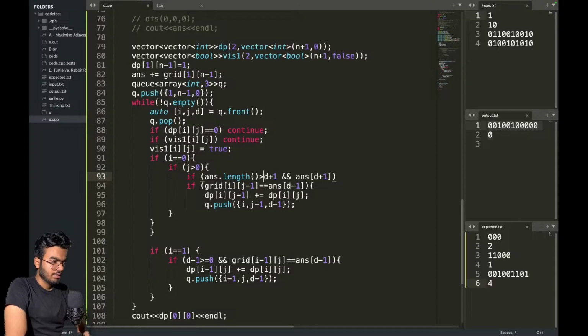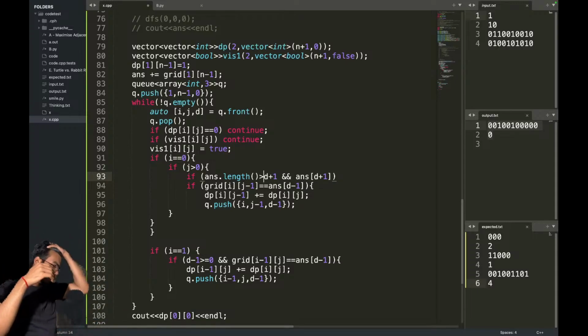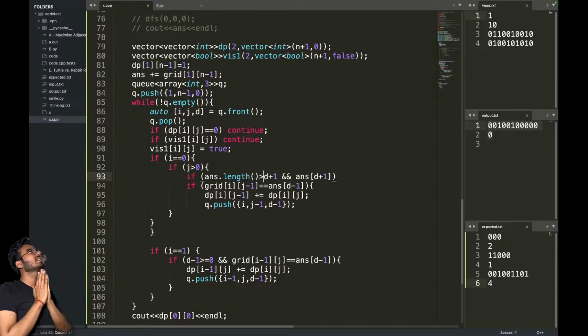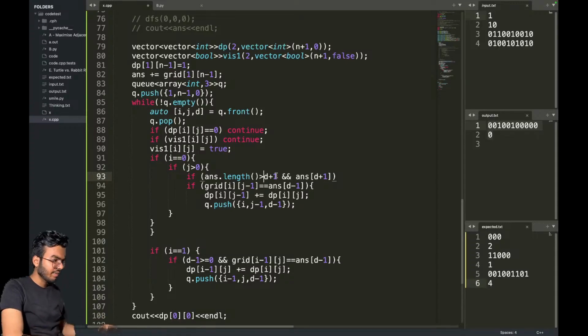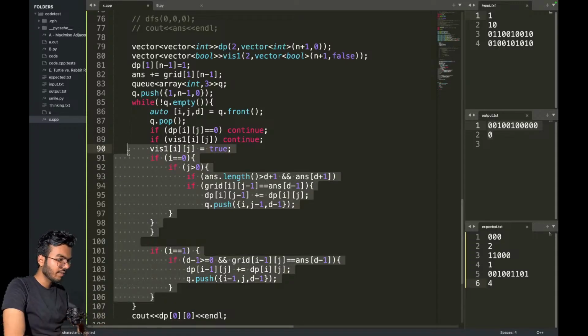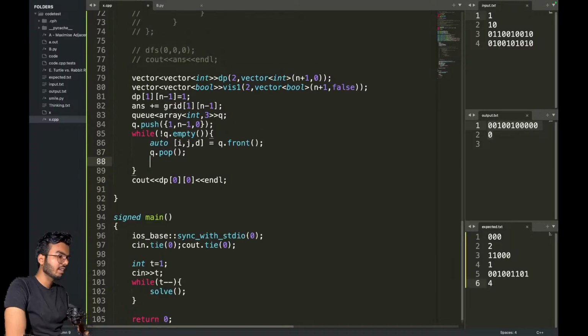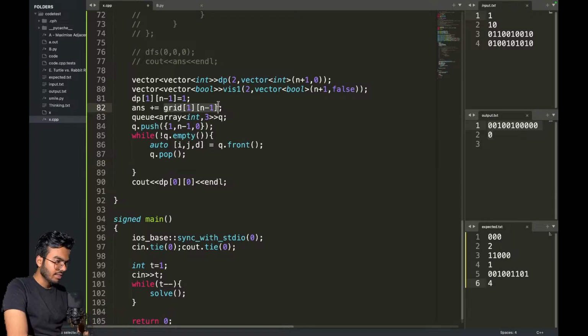Oh, so if the answer dot length is greater than d, so I am at the current stage. Like I know the answer is definitely this. So let me actually remove everything. I will try to code everything again from scratch. Now I have my answer as the last element, obviously. Now what I want to do is, for an answer I want to go either left or up, right?